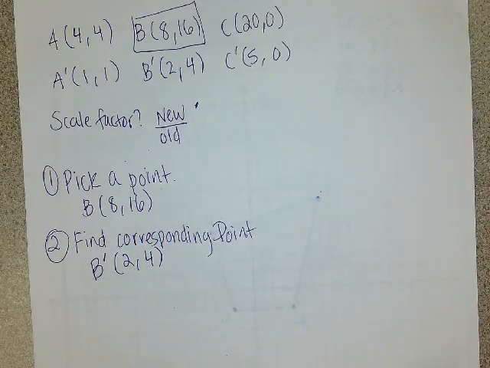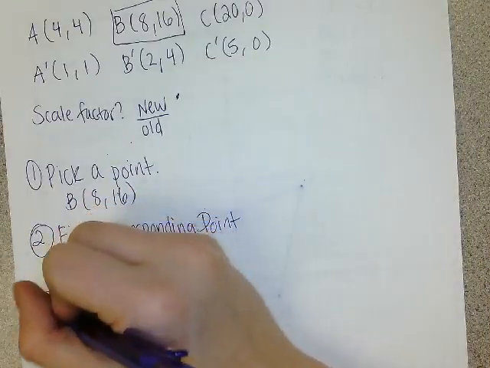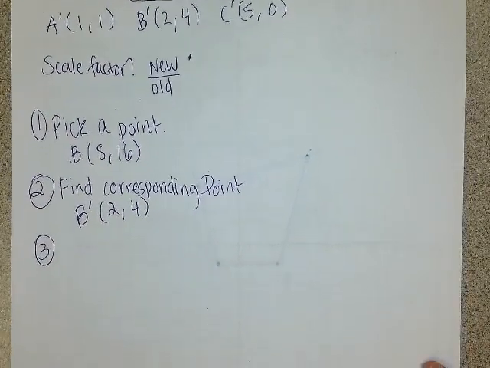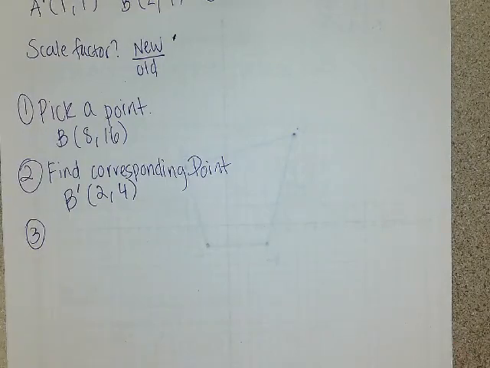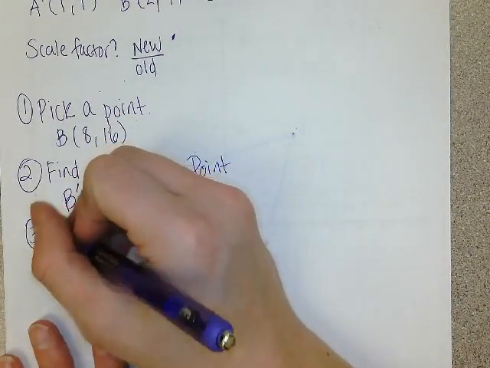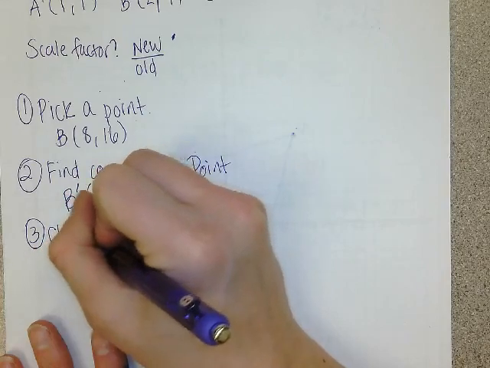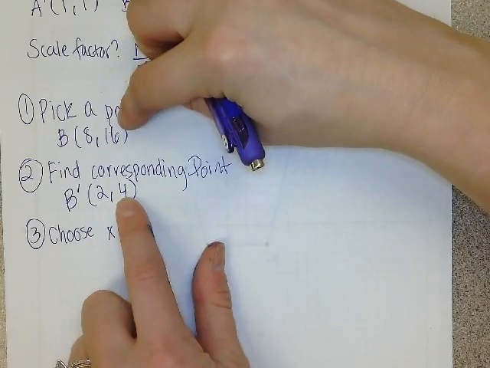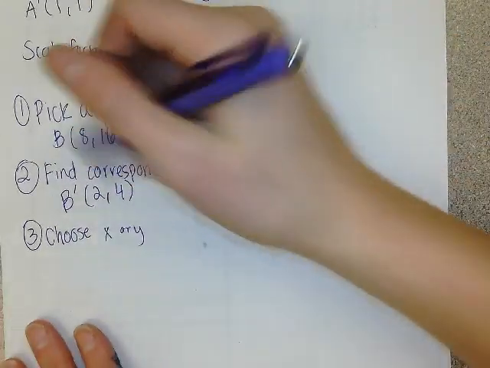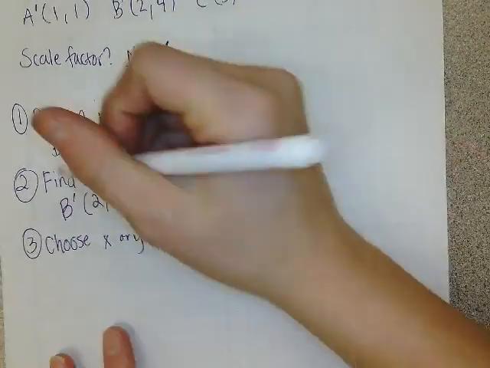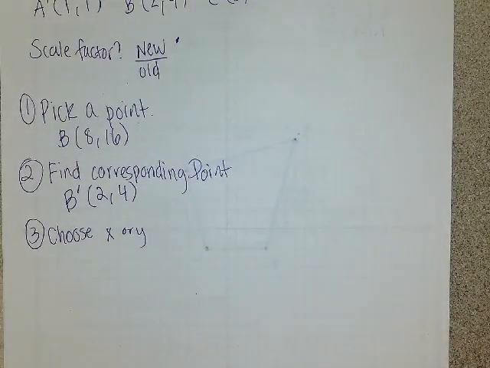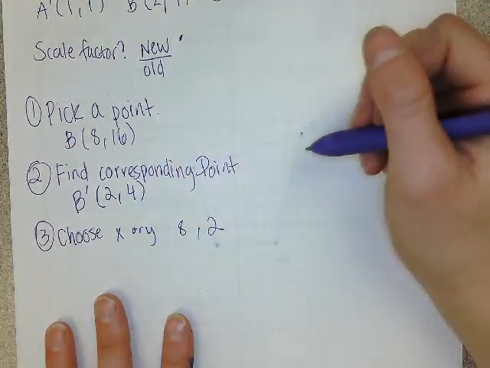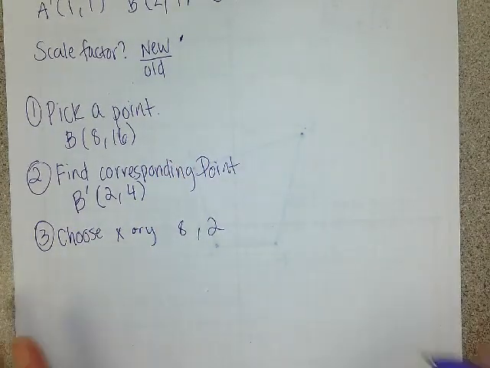Now, what do we do after that? Right. Now we have to choose the x or y coordinate. Do we want to choose the x coordinate or the y coordinate? I heard the x first. So we chose the x coordinates, 8 and 2. And then we put the new over the old.